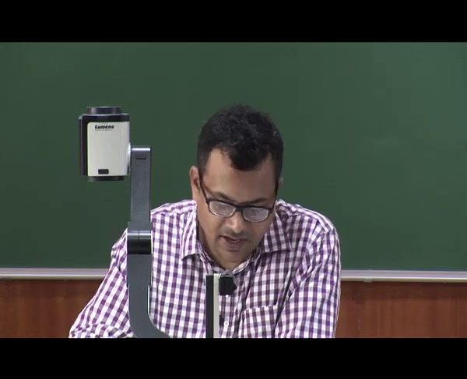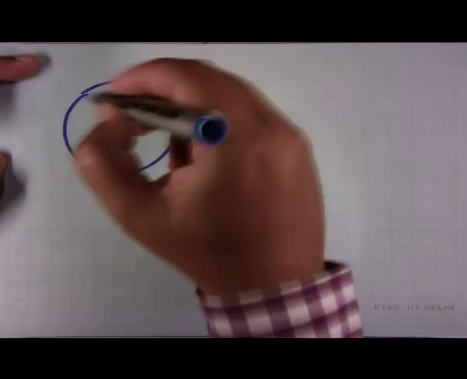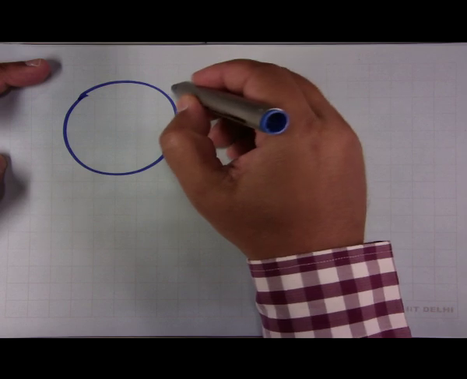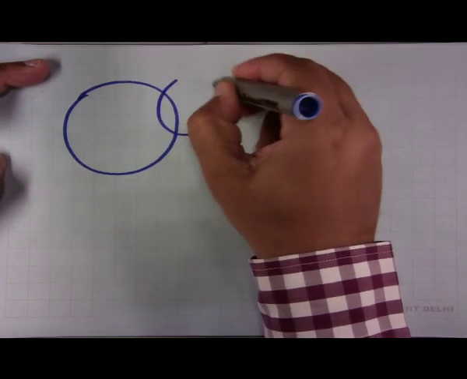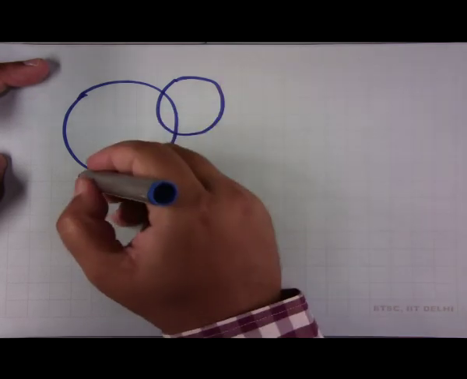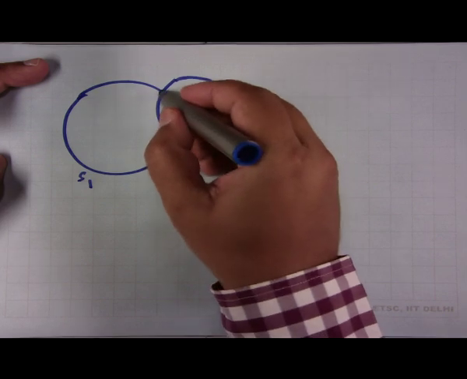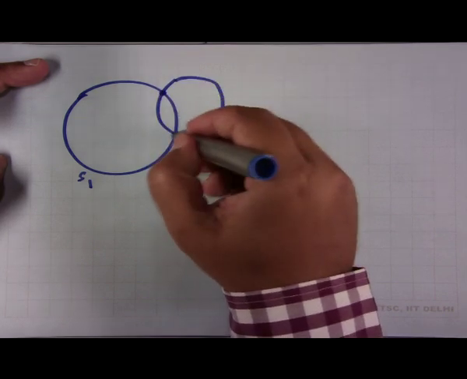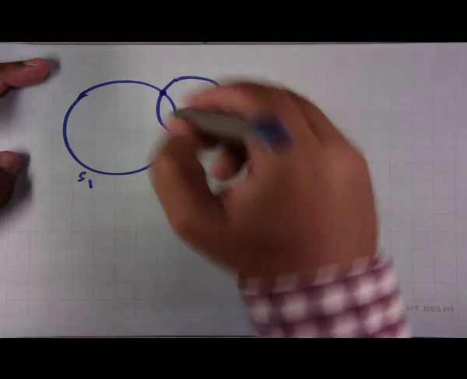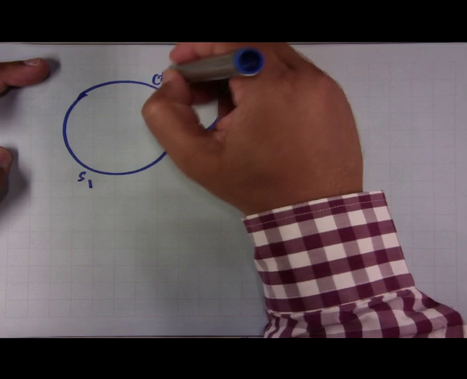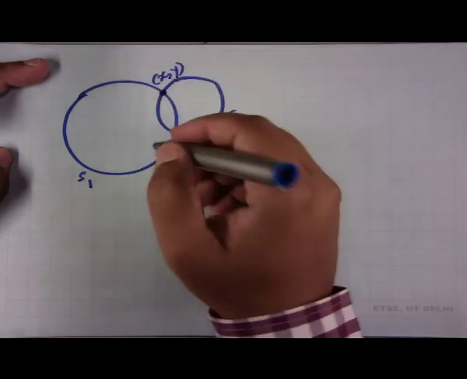So, let us say that we have these two circles, circle S1 and circle S2, and let us say they intersect at these 2 points, and let the coordinates of one of the points of intersection be x and y.